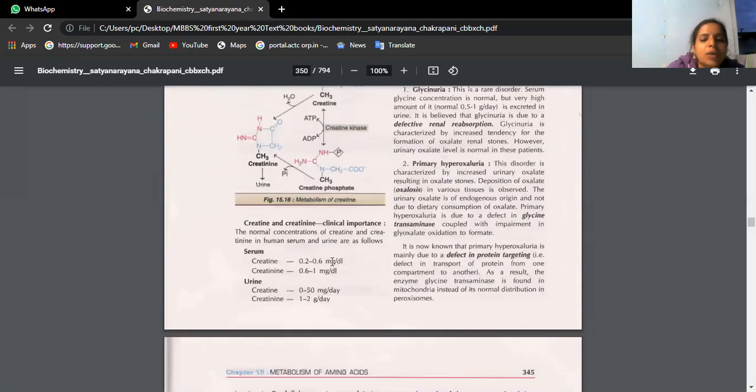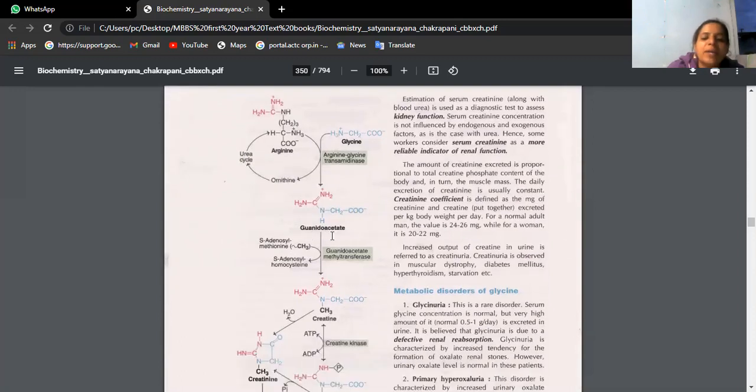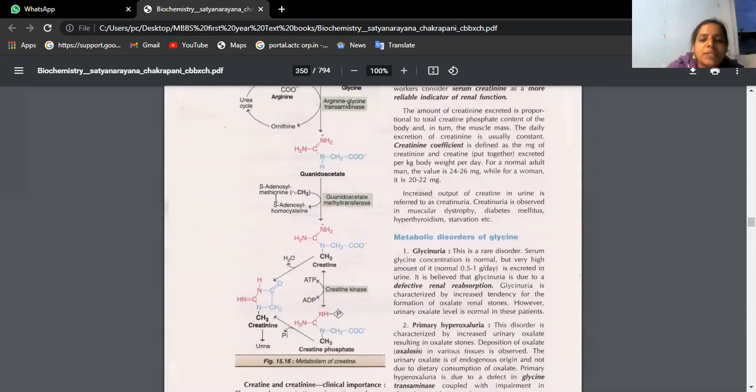Glycine is also utilized for the formation of creatine. This is important. So here glycine is combining with arginine to form guanidoacetate. From guanidoacetate, you see SAM, one methyl transfer is taking place. S-adenosyl methionine is getting converted to S-adenosyl homocysteine in the presence of guanidoacetate methyl transferase.